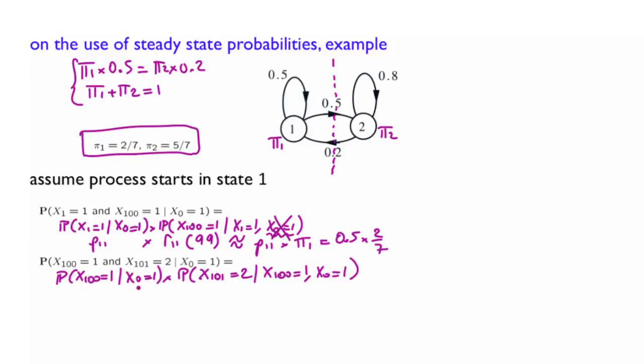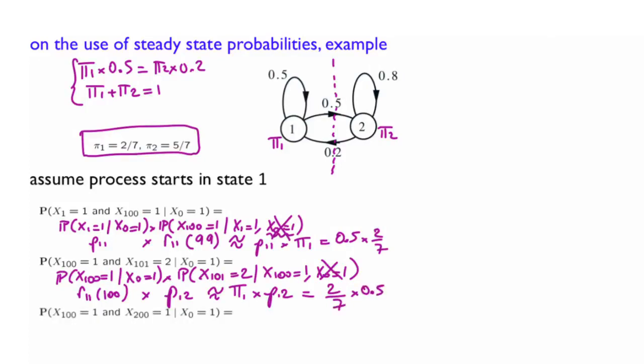And again, here what we have is r11 of 100, times, again, the Markov property tells us that we can forget about this one, and this is the transition probability from 1 to 2, p12. And again here, if n equals 100 is large enough, we can approximate that by pi 1 times p12. And this is then 2 over 7 times 0.5 again.